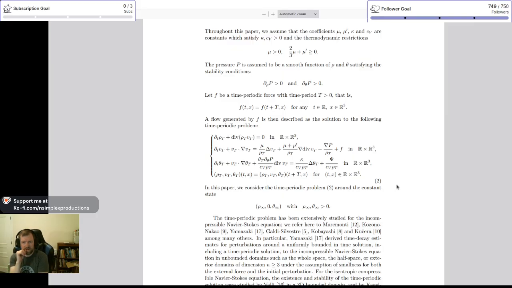In this paper, we consider time periodic problem 2 around the constant state, rho infinity, 0, theta infinity, with rho infinity and theta infinity being greater than 0. Now, if I'm right here, theta infinity and rho infinity are like asymptotic to a particular value.